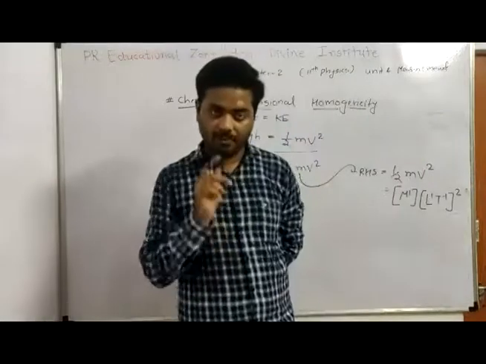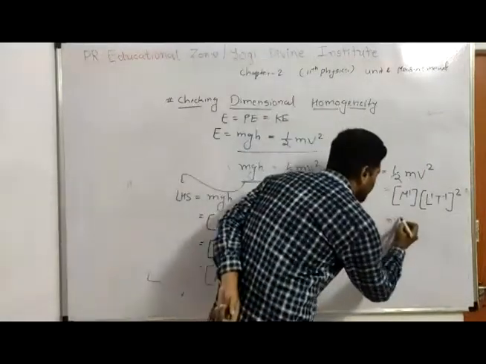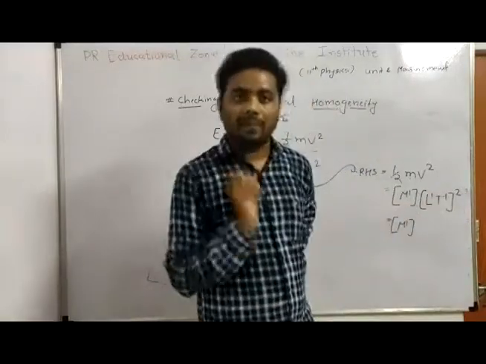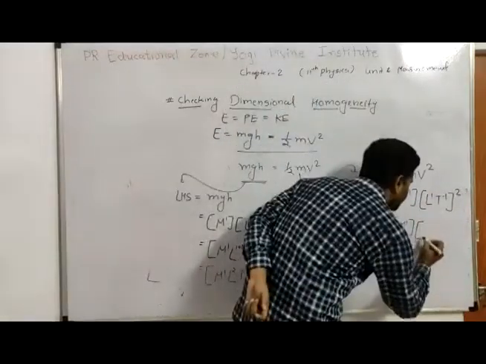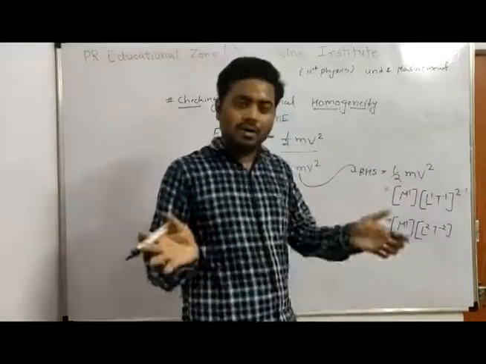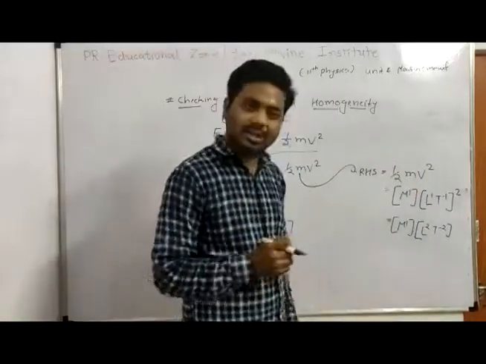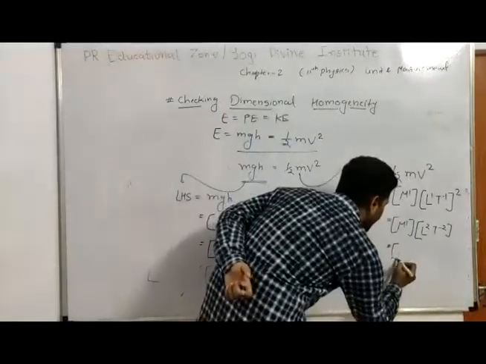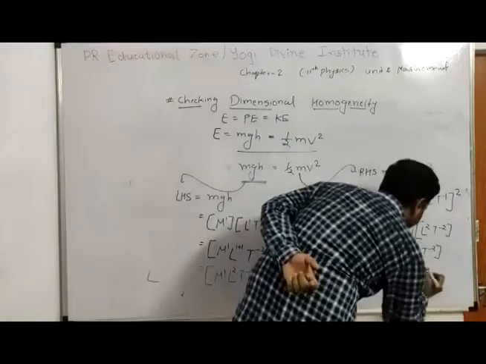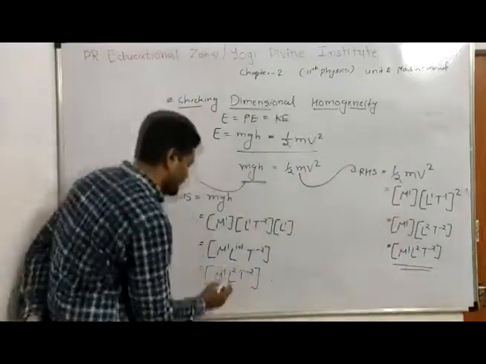After solving, M1 stays as it is and the power 2 is multiplied with the other powers, so we get L2 T minus 2. Joining all the parameters together, because they are in multiplication, we get M1 L2 T minus 2. This is our right hand side and the earlier one is our left hand side.